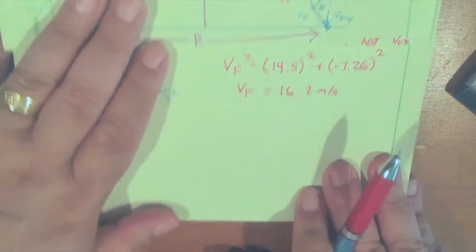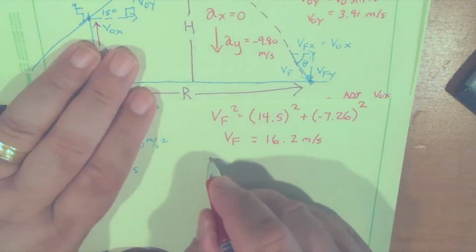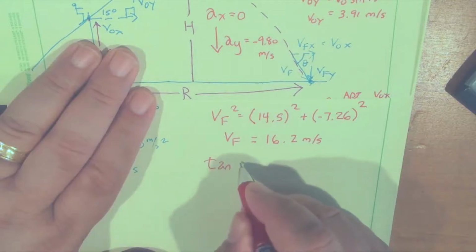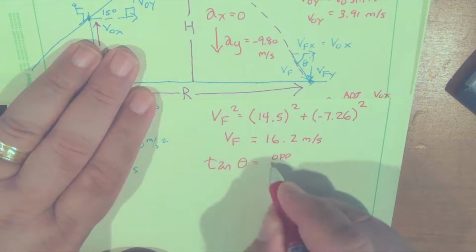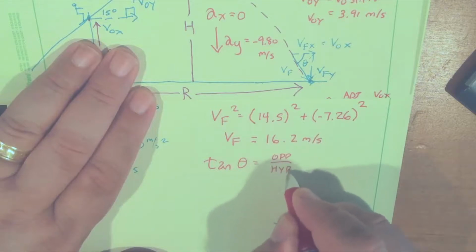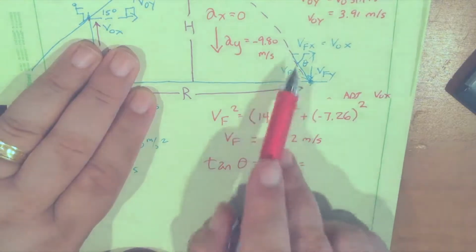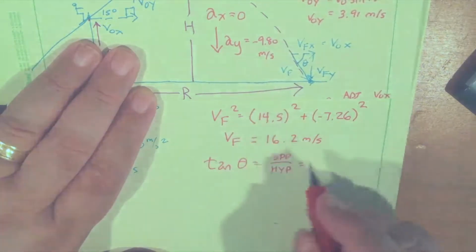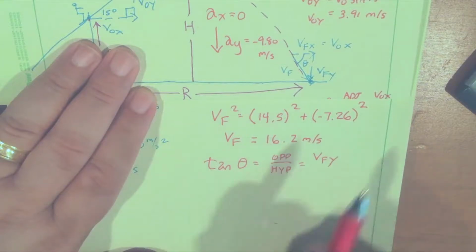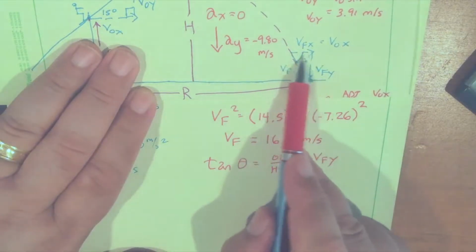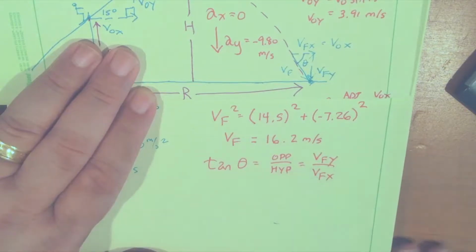Well, now looking at our angle here, the tangent function is opposite over adjacent. Now, opposite this angle theta is the final velocity in the y direction, and adjacent to this angle theta is the final velocity in the x direction.